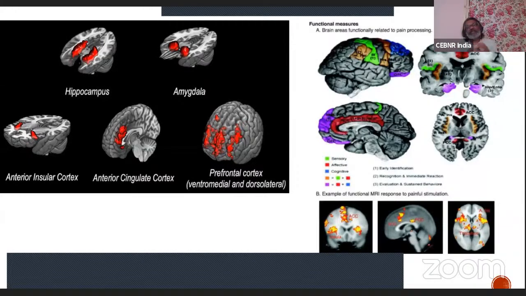When it feels pain, there are three things. One is sensory discrimination. Another is the motivational part, and the last one is the cognitive part of it. All these areas have to be collectively activated for you to sense and perceive pain.